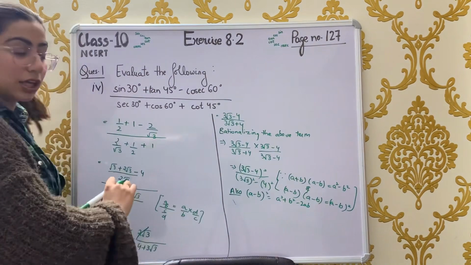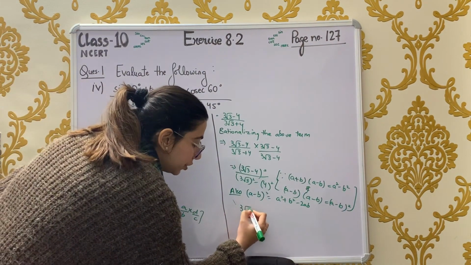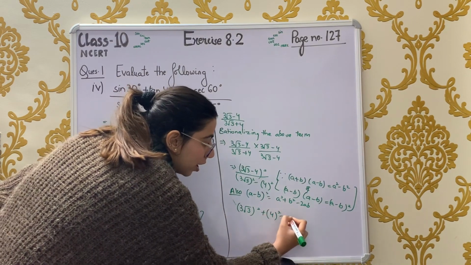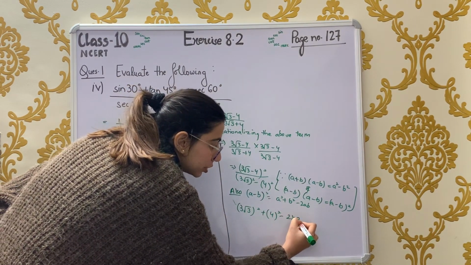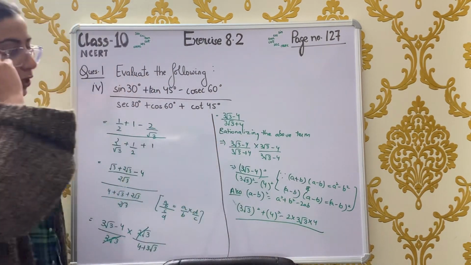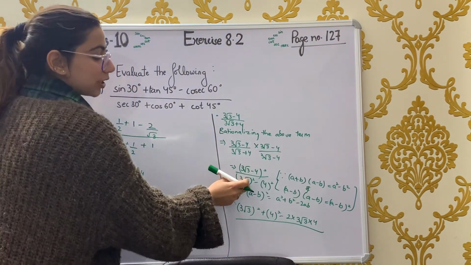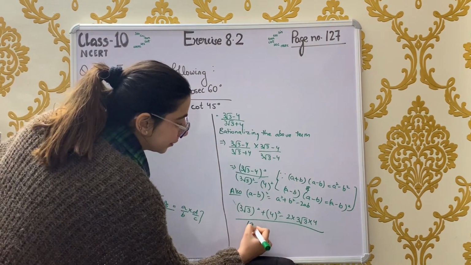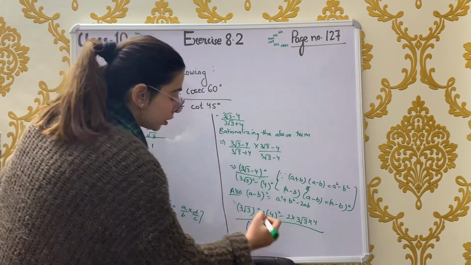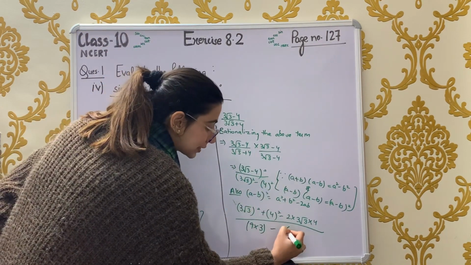So applying this in our numerator, it becomes 3 root 3 whole square plus 4 square minus 2 into 3 root 3 into 4. In the denominator, let's square them out. Square of 3 is 9 and square of root 3 is 3 only. And square of 4 is 16.